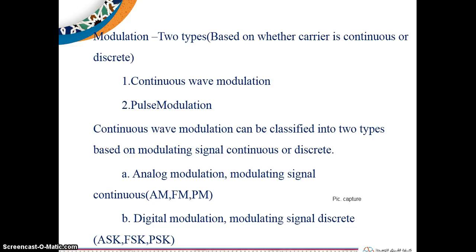So, modulation consists of two types of signals, message signal and carrier signal. Modulation is classified into two types based on the nature of the carrier signal, whether it is continuous or discrete. I think it is clear for you.